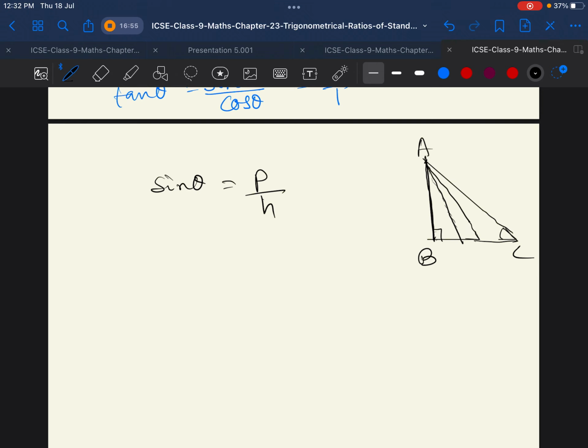So for the angle 90, AB is the hypotenuse. Now if we take AB is 1, perpendicular is 1, then hypotenuse is 1. So sine 90 degree will be 1.